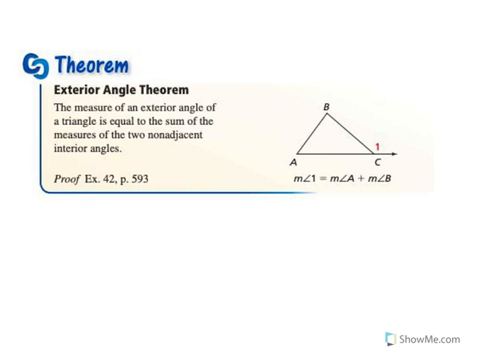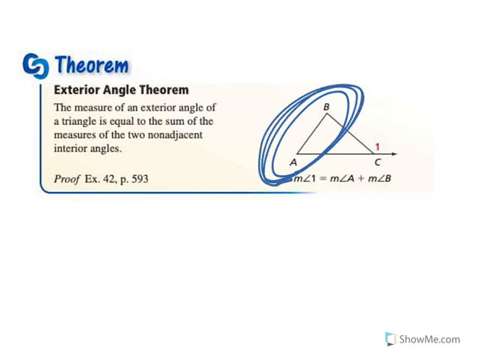Notice here we've extended this side to give us an outside angle, or an exterior angle. This theorem, or rule, says that these two angles way over here, if you add them up, they equal this one outside.